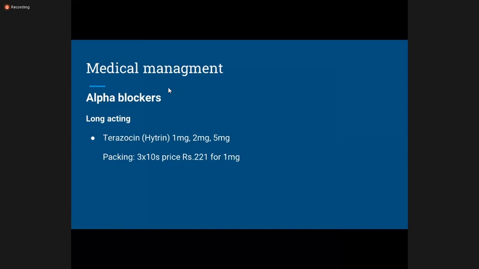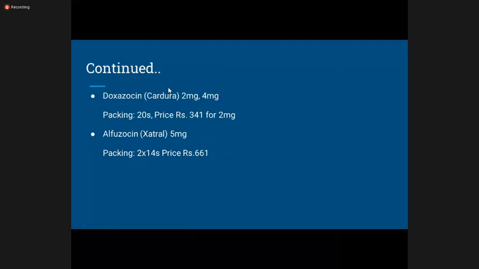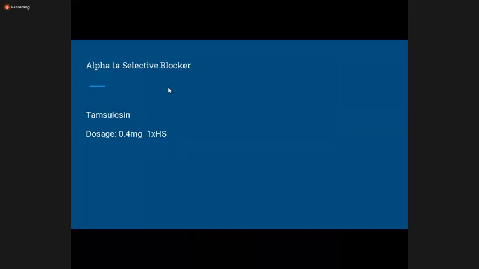Terazosin is available as 1 milligram, 2 milligram, and 5 milligram. So these are the alpha blockers. Doxazosin and alfuzosin are again alpha blockers. The alpha 1 selective blocker is tamsulosin. Tamsulosin is 0.4 milligram once at night.